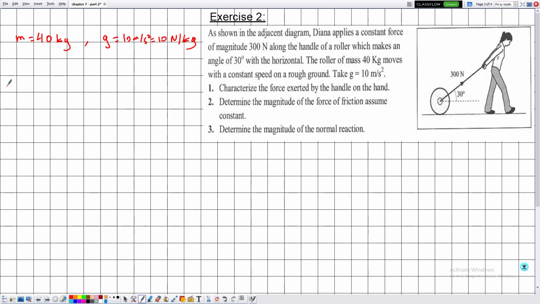Now in number 1, they are telling me to characterize the force exerted by the handle on the hand.